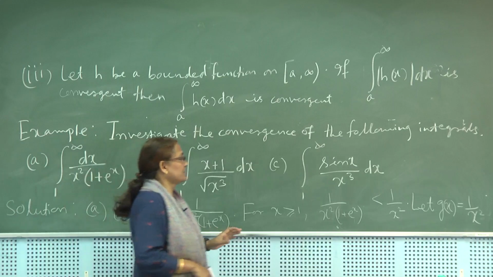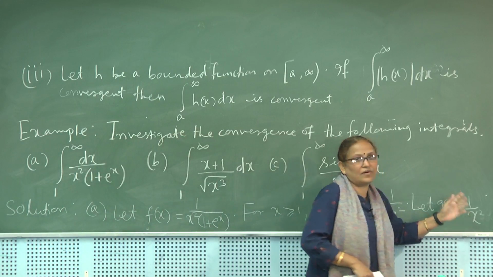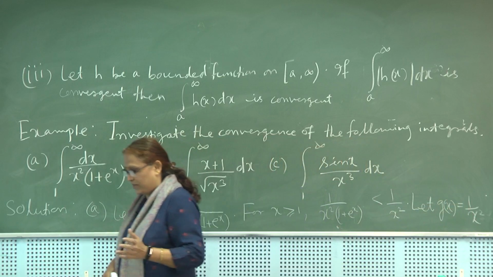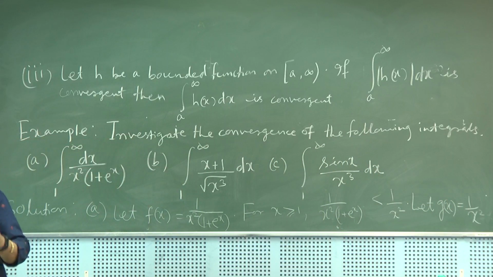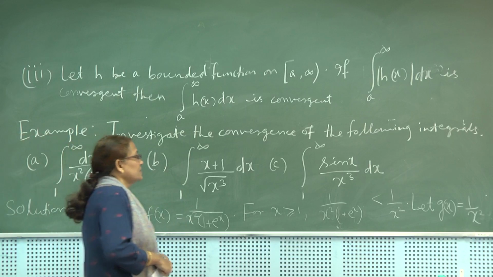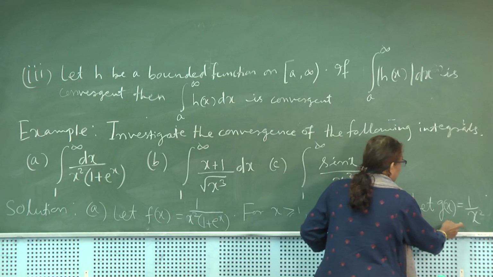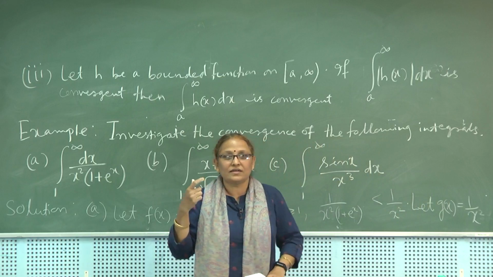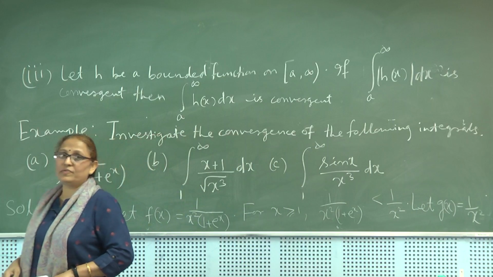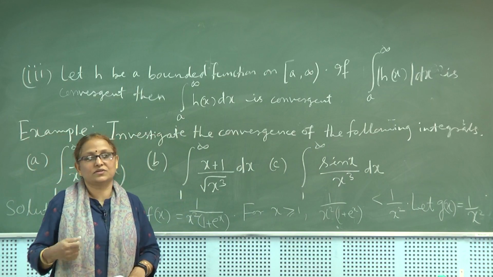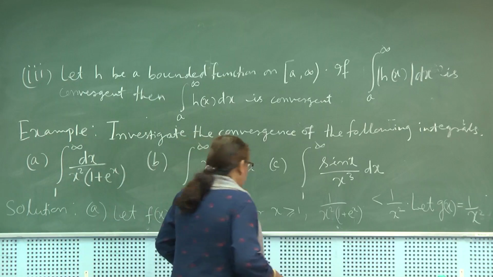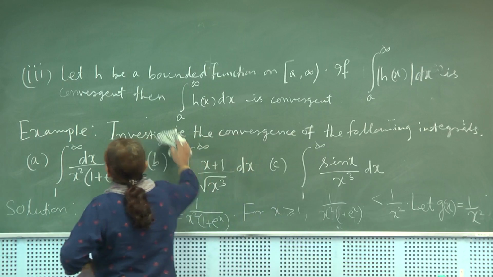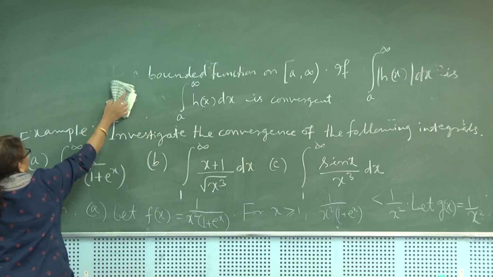This is a somewhat simpler kind of function, so we can evaluate this improper integral, or we will be able to say the convergence of this improper integral through our definition of convergence of improper integral that we have seen earlier. So, in other words, what I am saying is the following.